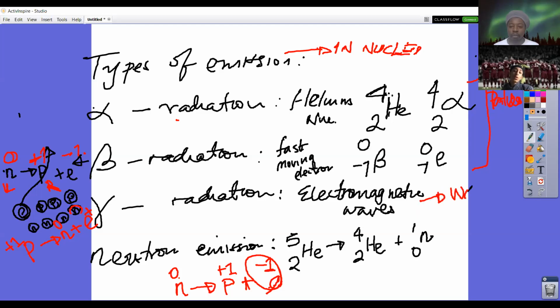This is not a particle. So how would something become more stable by giving off electromagnetic waves, or energy?